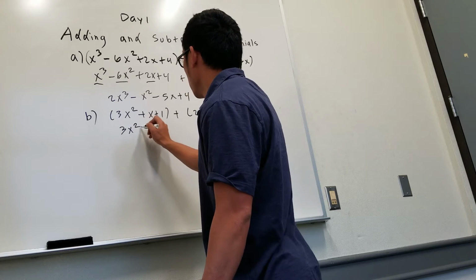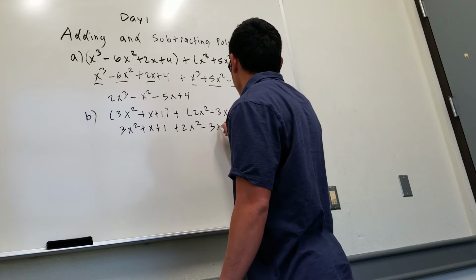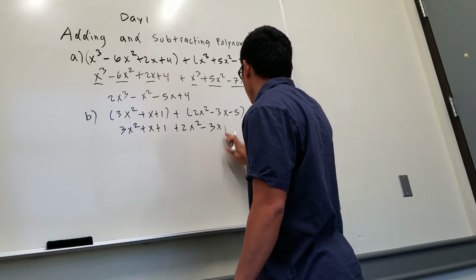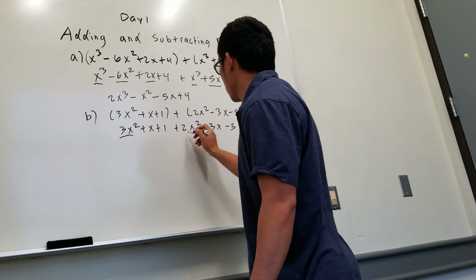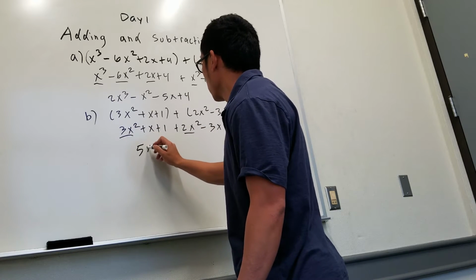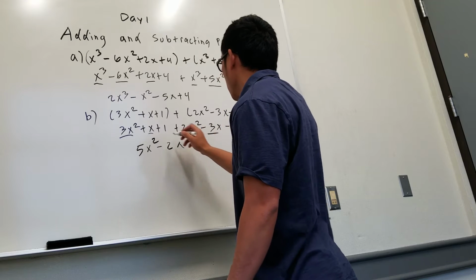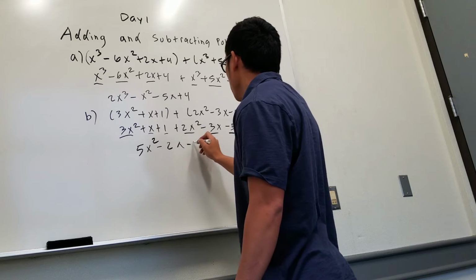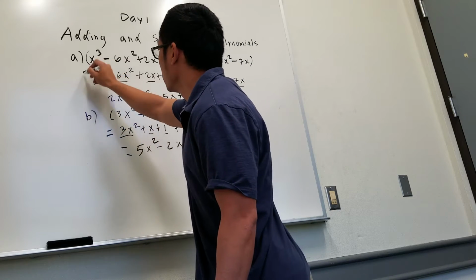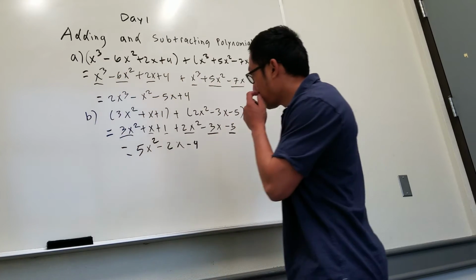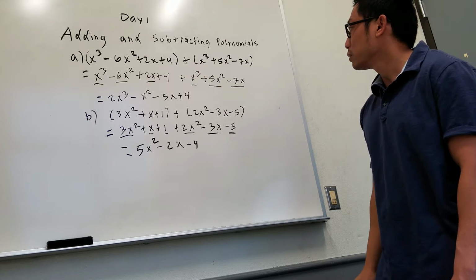So really we're just adding like terms here, since I don't have to think about the parentheses too much. Combining like terms, 3x squared plus 2x squared is 5x squared. And x minus 3x is minus 2x. Plus 1 minus 5 is negative 4. And that's it.